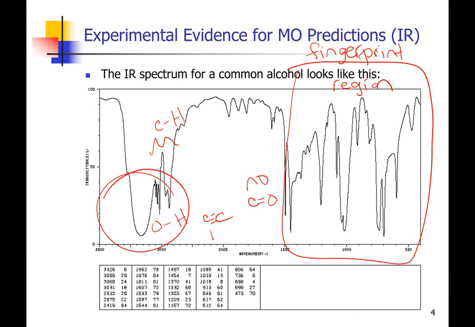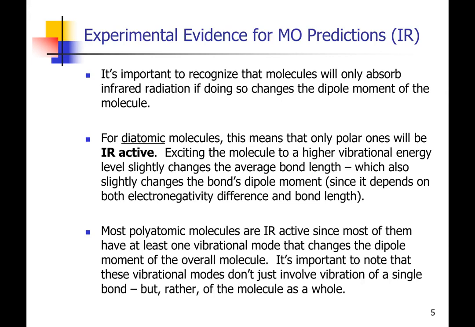The reason that I had to use heteronuclear diatomics in that modeling software to show you these vibrations was because the modeling software was predicting an infrared spectrum. And it turns out that a molecule will only be what we call IR active, it will only show up in an infrared spectroscopy experiment, if increasing the vibrational energy level changes the net dipole of the molecule.